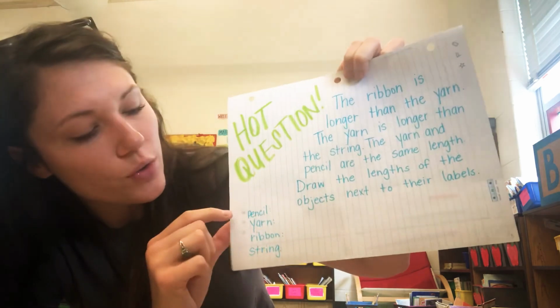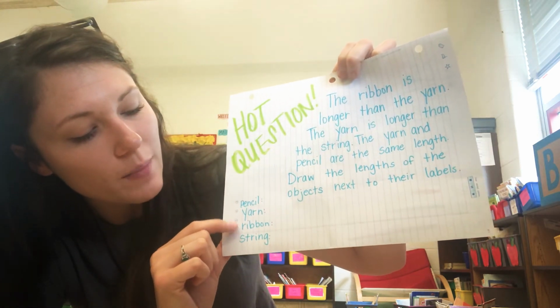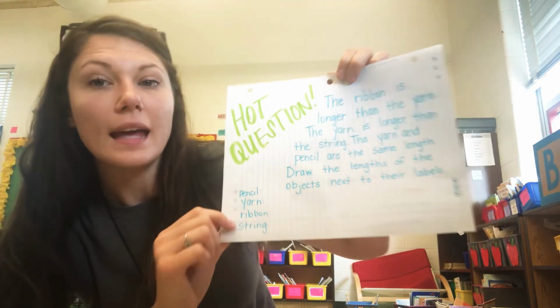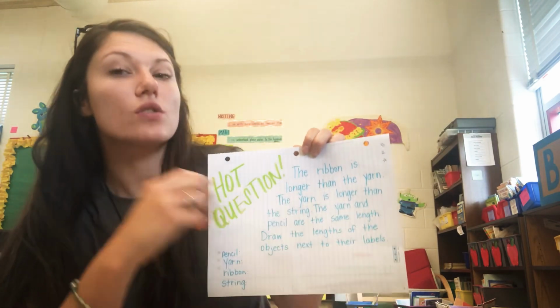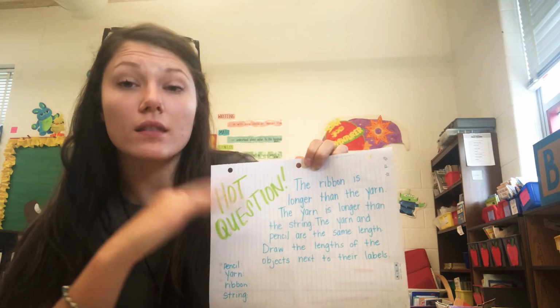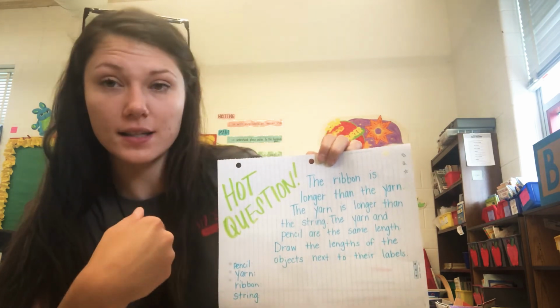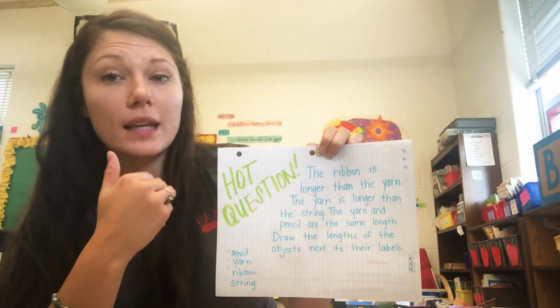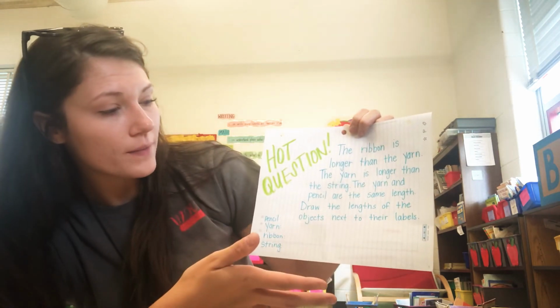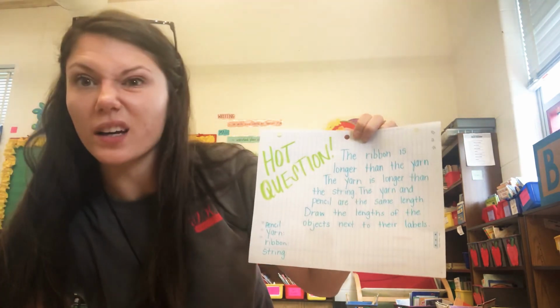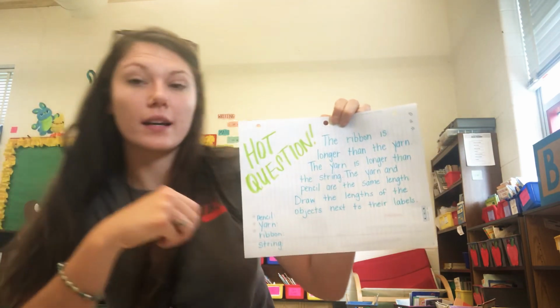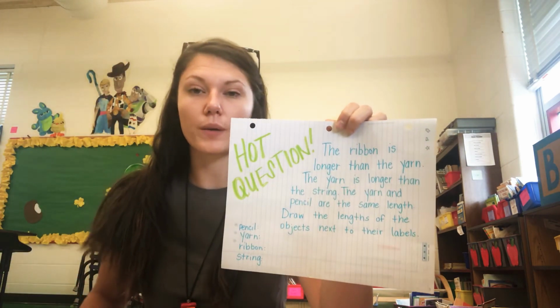So I went ahead and drew the pencil, the yarn, the ribbon, and the string. And I want you to really pay attention to what this question is asking you to do. So start drawing one item, and then look at the question again, reread the sentence, and then draw the other item. And then determine which one is the longest one, and you can put that right there. And you can tell me which one's the shortest one as well.